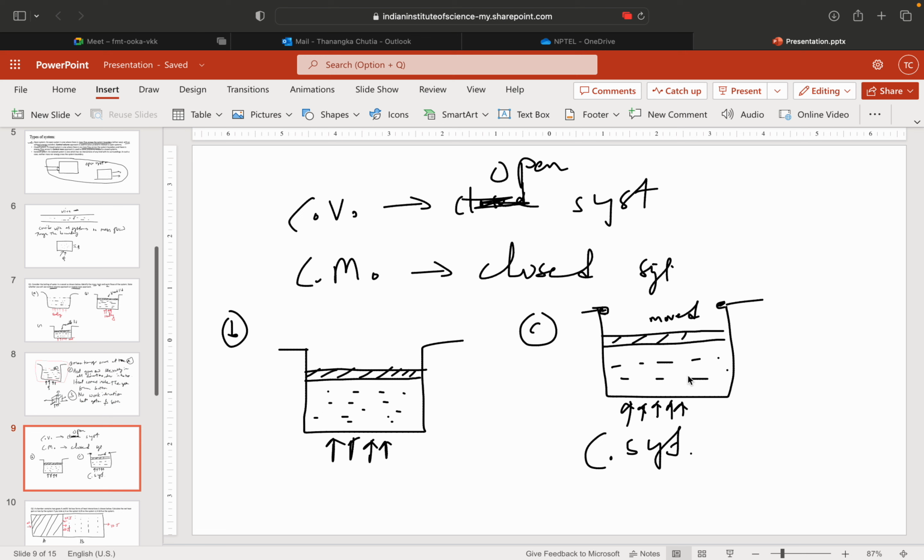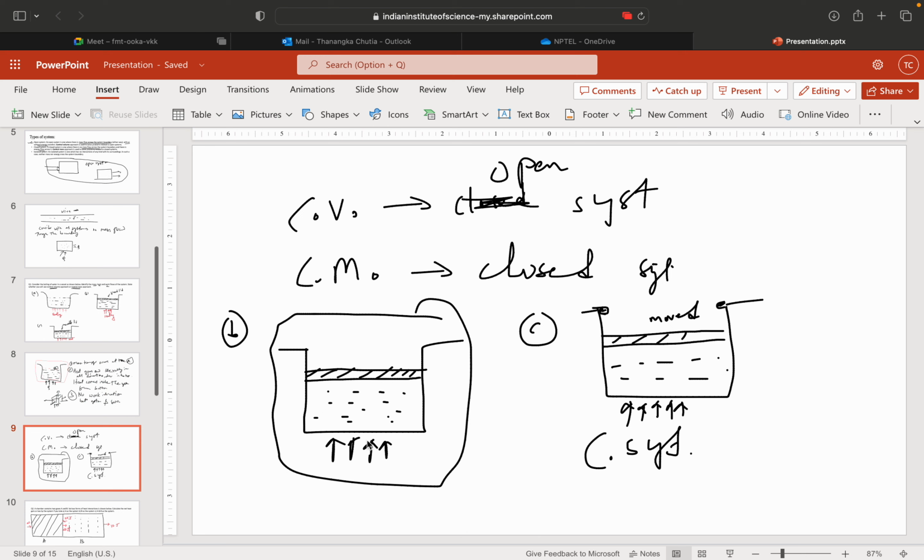The other things will be exactly the same as in the B case, because there will be no mass transfer between the system and the surroundings. Heat transfer will take place from all the sides.